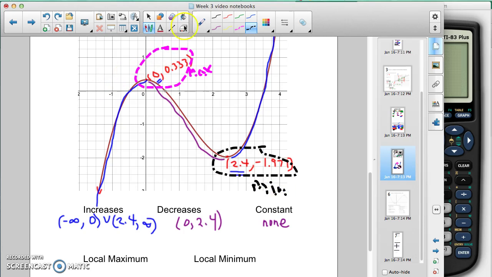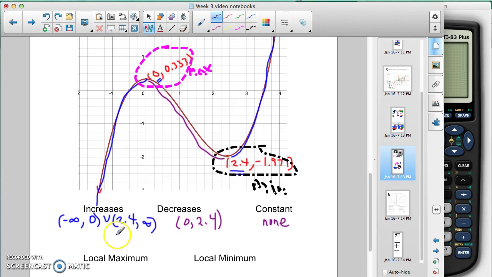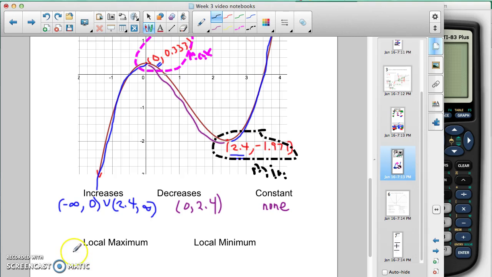So we would write that out as a local maximum of 0.333 at x equals 0. So our local maximum can be found at x equals 0, and the local maximum value is 0.333.